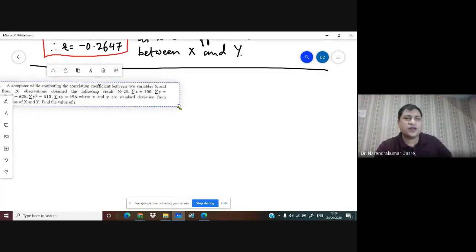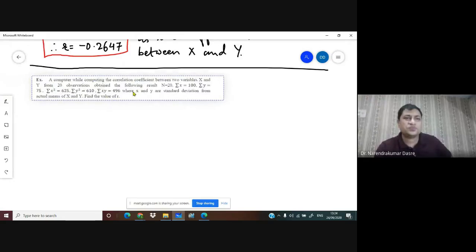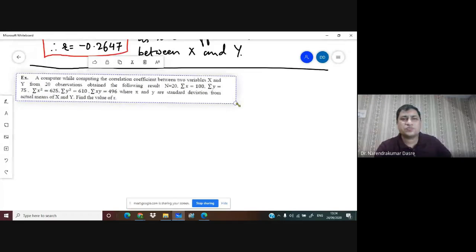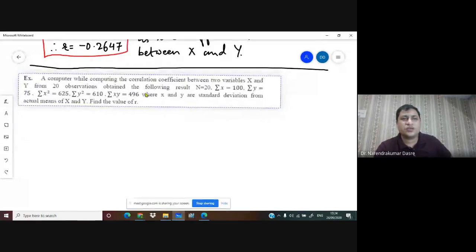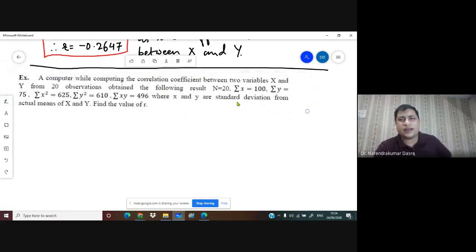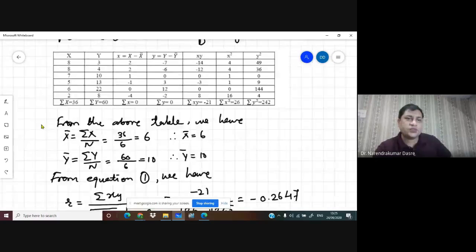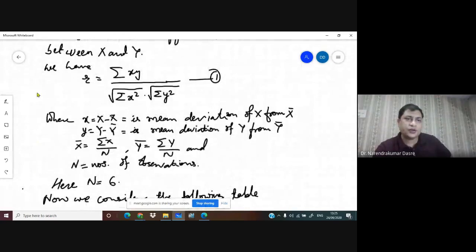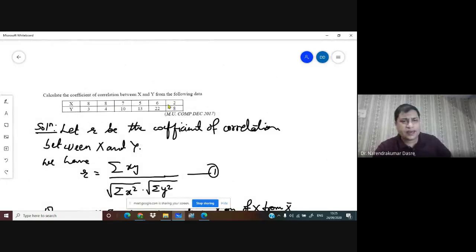So let's have this example. Up to now, we have seen that the data given to us was raw data. When observations are given directly, as you can see in the earlier example, this is called raw data.